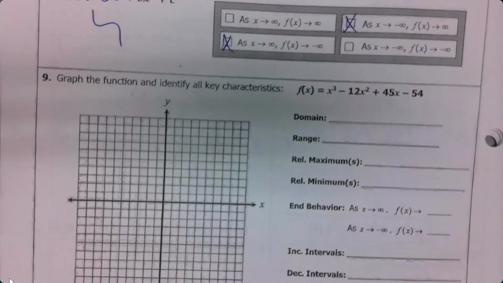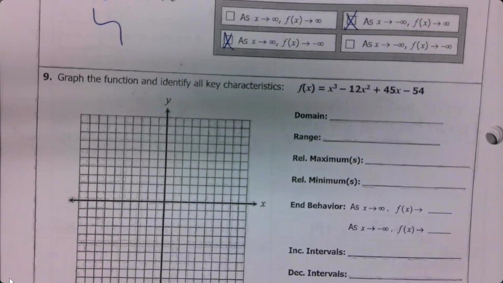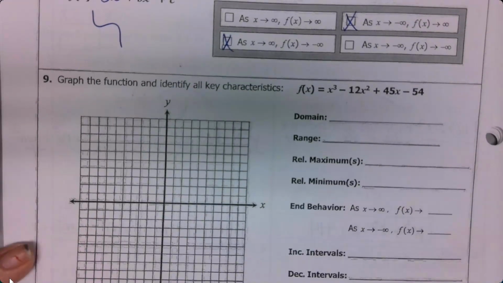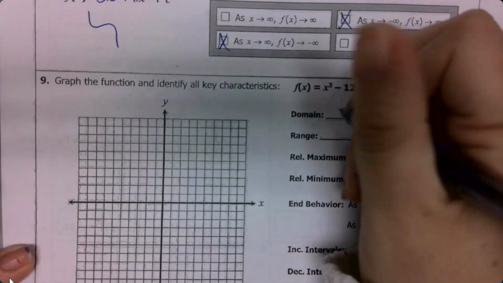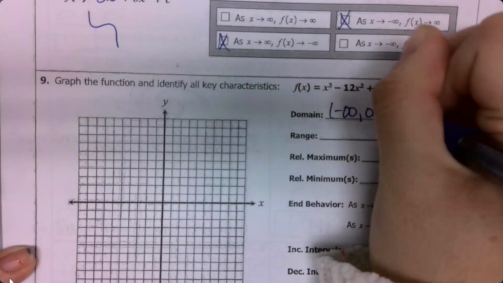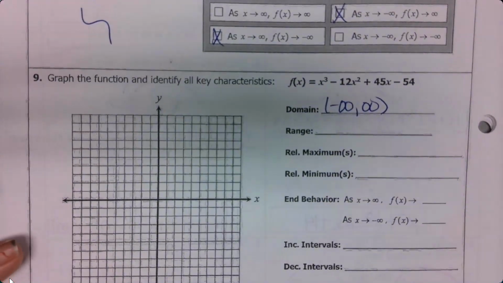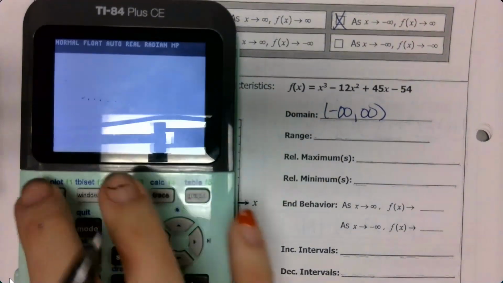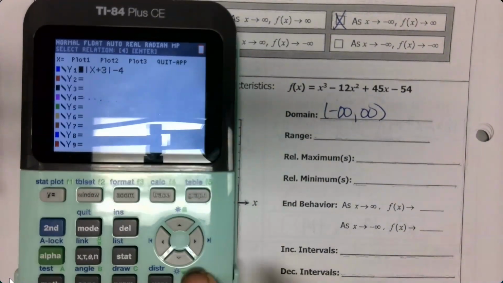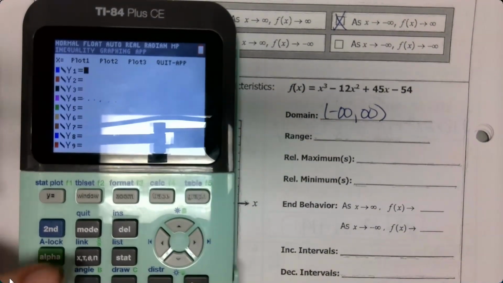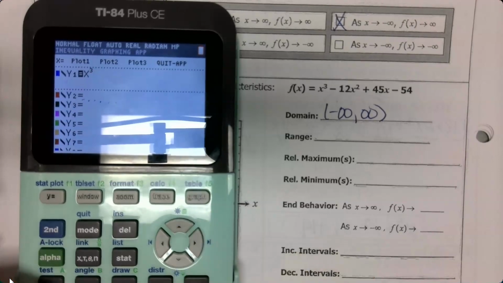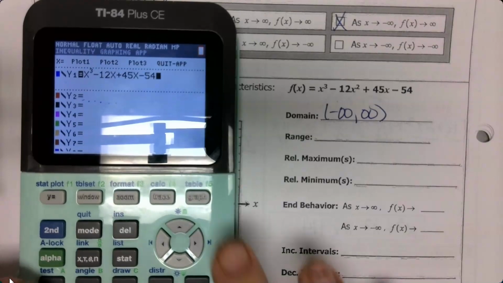Number 9 wants me to graph the function and identify all the key characteristics. My domain, because it's cubic, is all real numbers. And I am going to go ahead and graph this on my calculator. So I have x cubed minus 12x plus 45x minus 54.